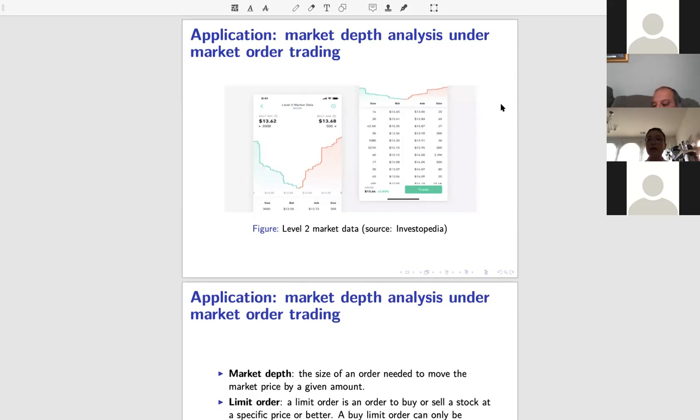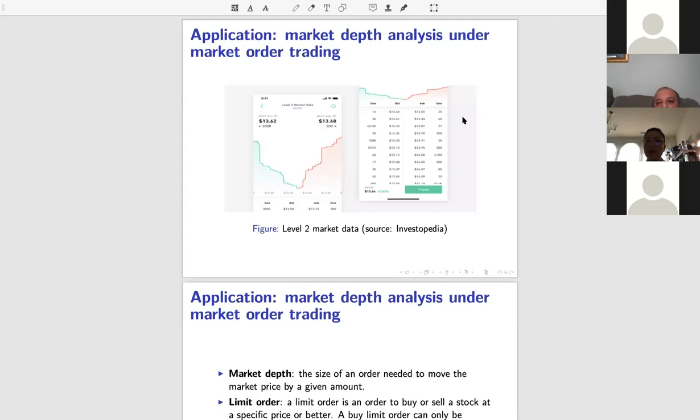The green side on the left are all buying orders, and the side on the right are all selling orders. For example, on the first row, we have size 16 to buy the stock at $13.45. The unit of size here is lots, where one lot is 100 shares.